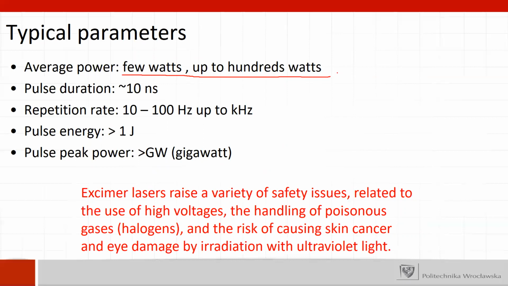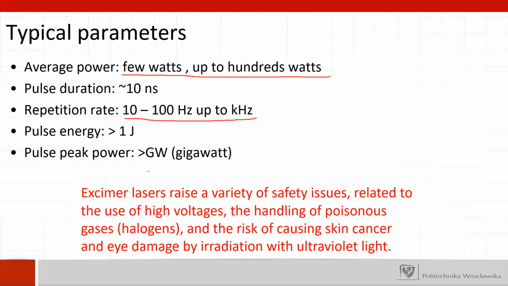We cannot constantly keep this medium excited, so we need to pulse this excitation with quite small repetition rates, at the level of hertz up to kilohertz. But in turn, we get a huge pulse energy up to 1 joule and peak powers up to gigawatts.